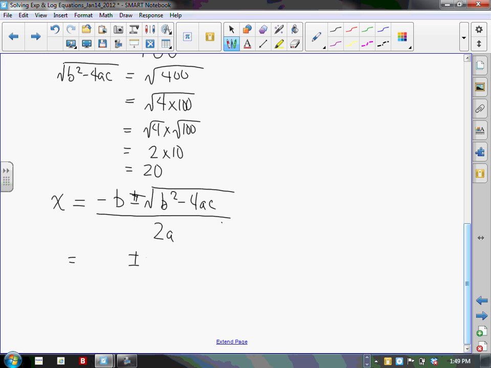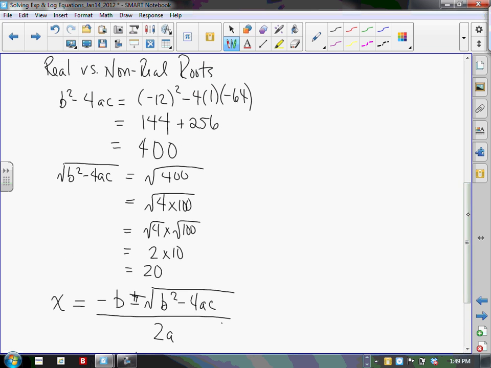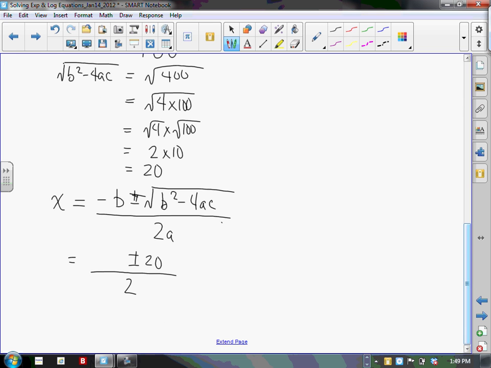That plus or minus piece is 20. The 2a is 2. And the negative of b, if we go back and look at our b value, the b value is minus 12. We take the negative of minus 12 and we have 12. So what that means is that x is going to be 12 plus 20, or 32 over 2, which is 16.